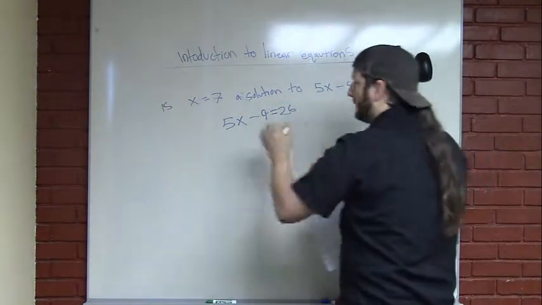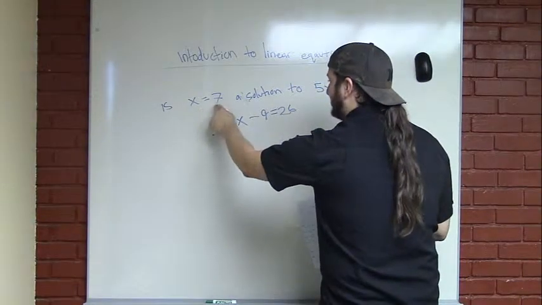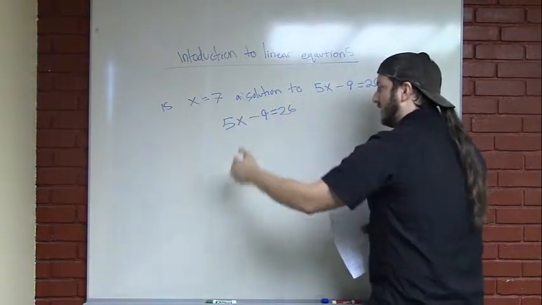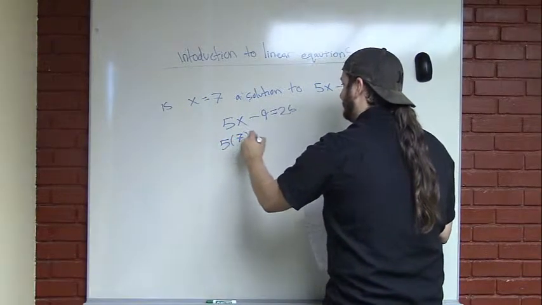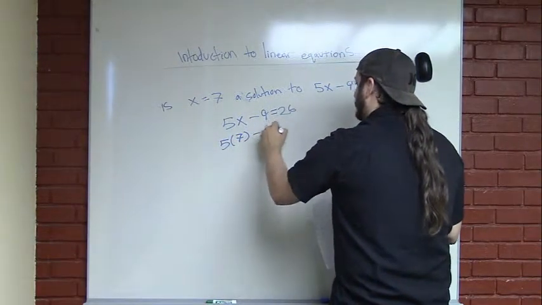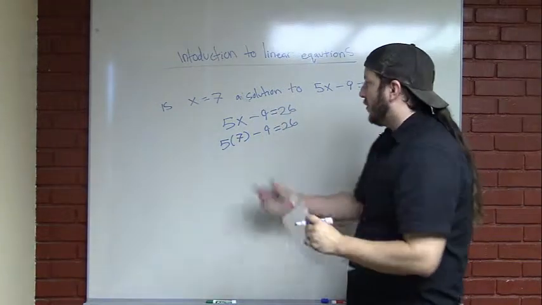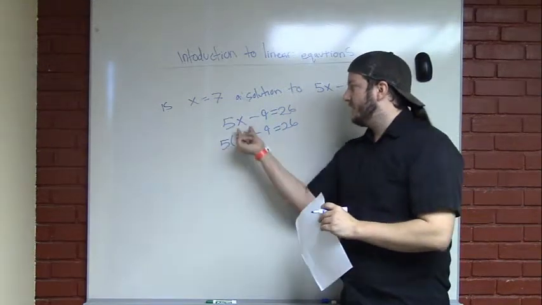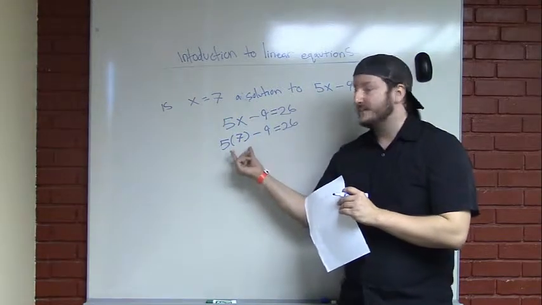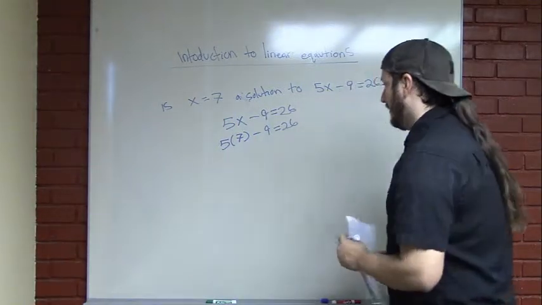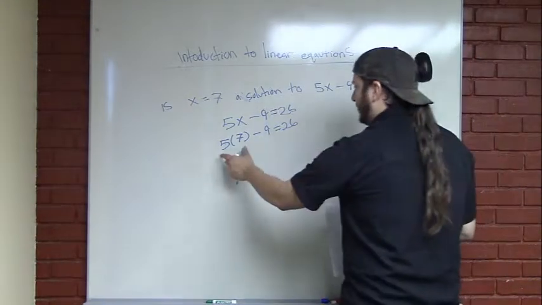So what you're doing is you're just going to take x here, which is 7, and plug it in. So we have 5 times 7 minus 9 equals 26. Now, it's very important when you plug a value in for a variable, make sure you put parentheses around it, okay? It's going to keep you out of a lot of trouble. Okay, so what's 5 times 7?